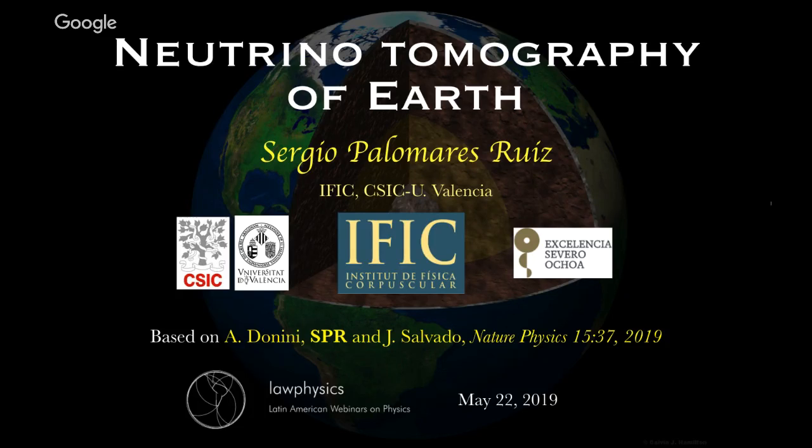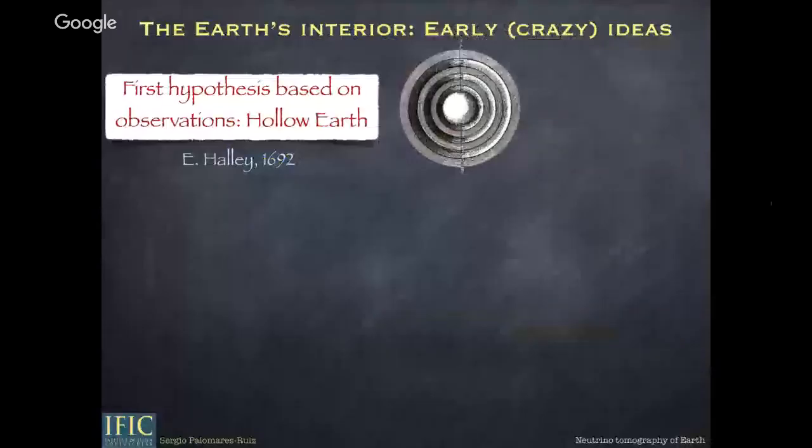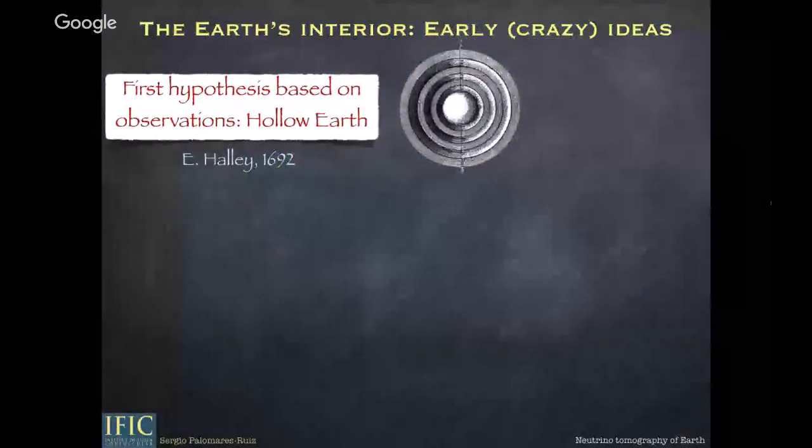So let us start with what we know about the body of study, which is the Earth. To do that, I'm going to start with some early hypotheses of what the interior of the Earth may look like. Actually, I'm going back to the 17th century with some early, probably crazy ideas. I'm pointing to probably the first hypothesis based on observations about the interior of the Earth, the so-called hollow Earth.